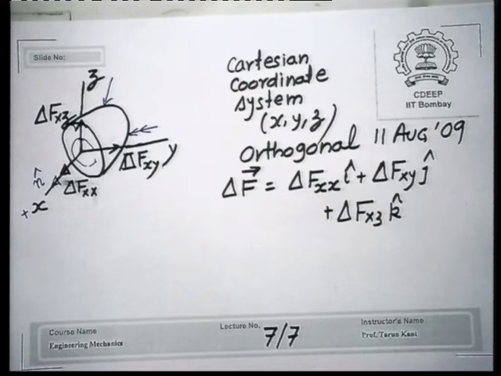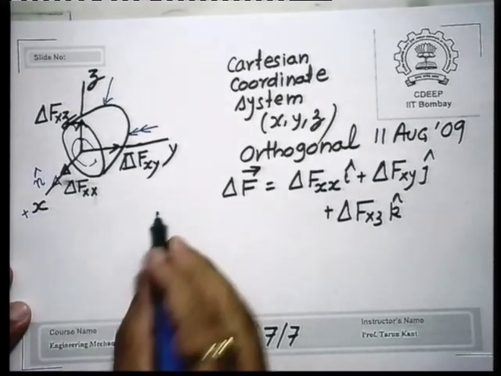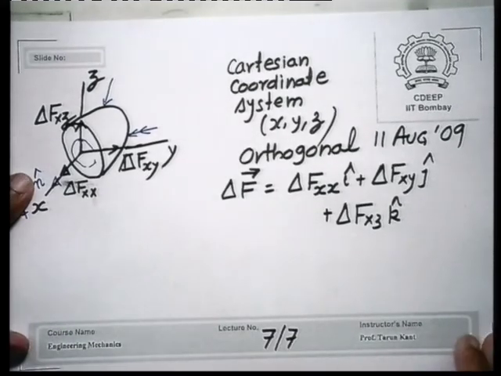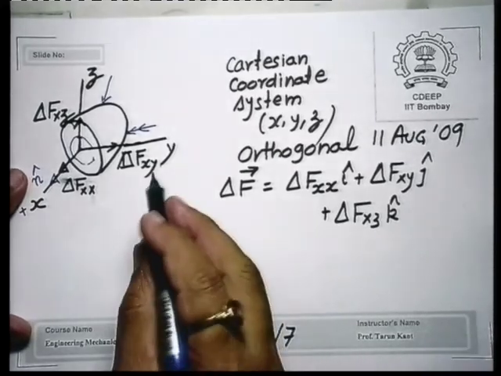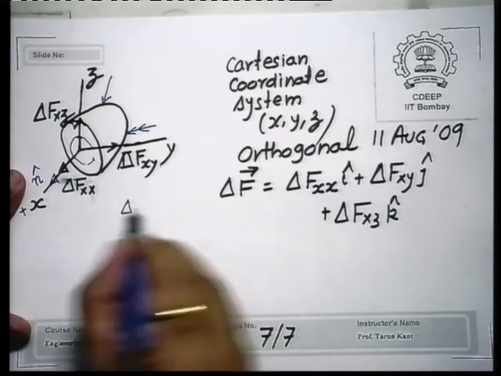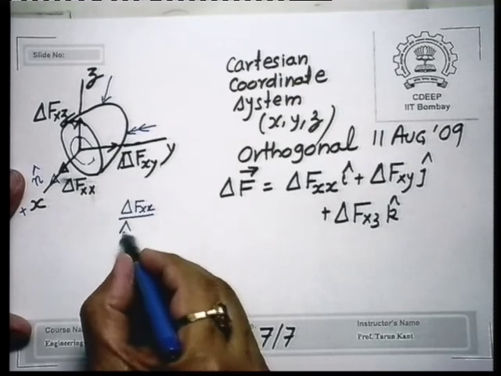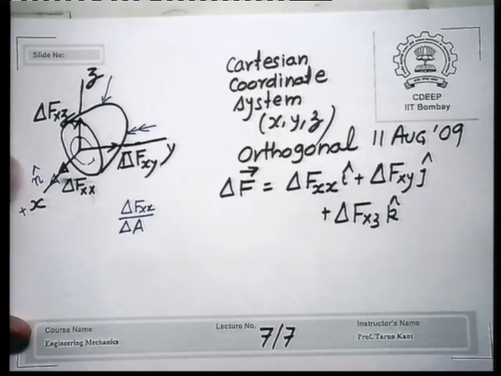The force acting at around point P, that means force will act on a small area. A small area is delta A. So I will now define this. I will take three ratios. Please just be patient and pay attention. So I will now take three ratios, three quotients: delta Fxx by delta A. What is delta A?